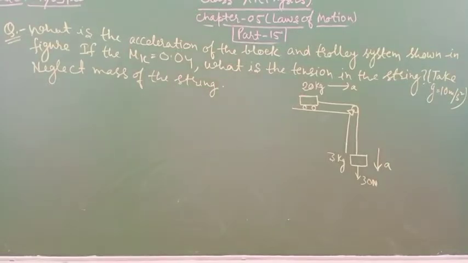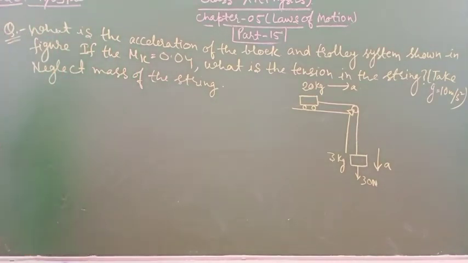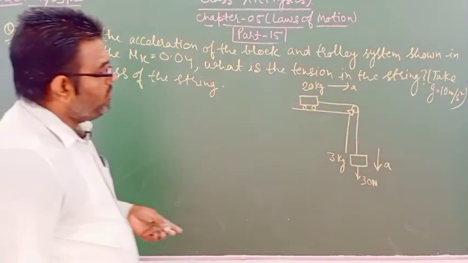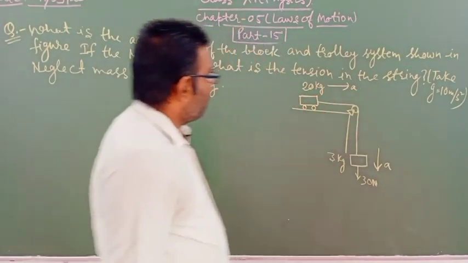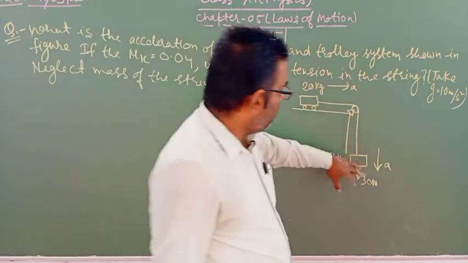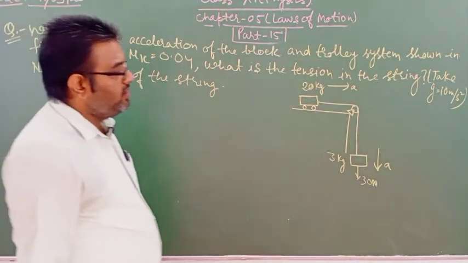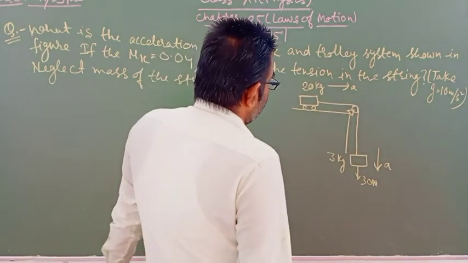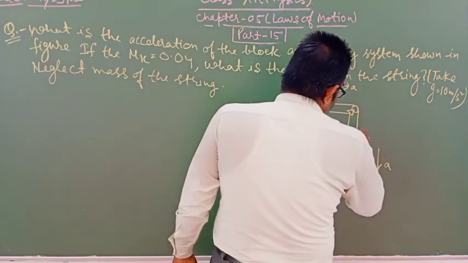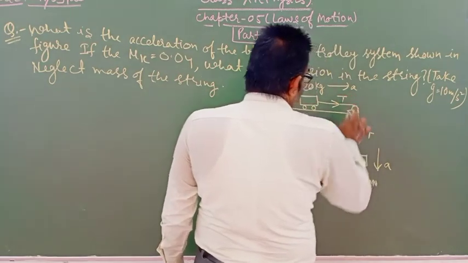Dear students, this is a good question, look at it. Here you have to find the value of acceleration a, which is produced due to the pulling of the blocks, and the second thing, you have to find the tension T produced.